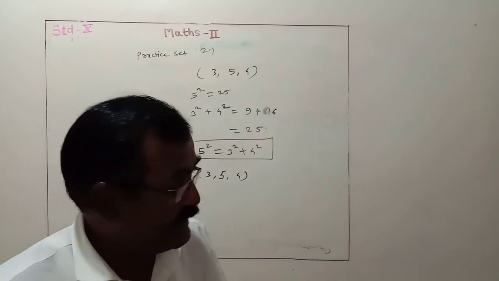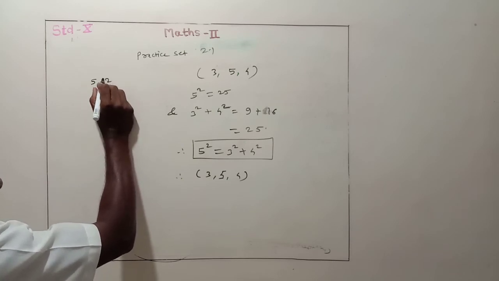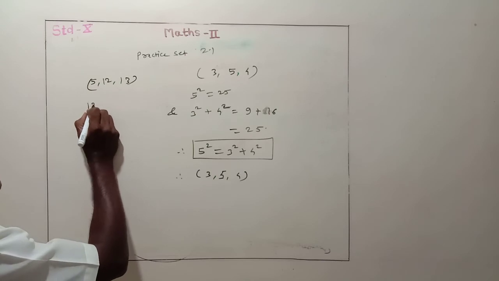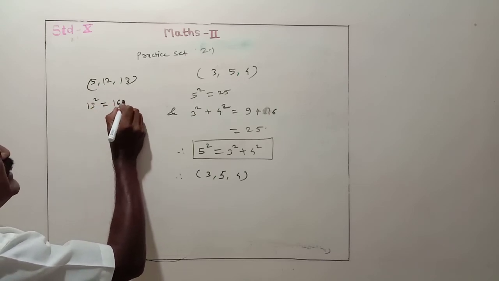Then the next: 5, 12 and 13. There are three numbers. Square of 13 is 169.